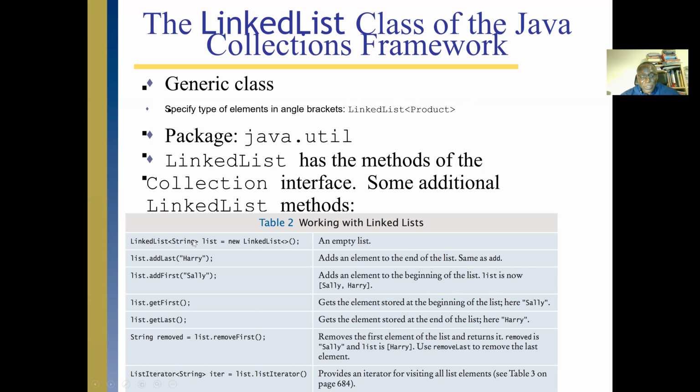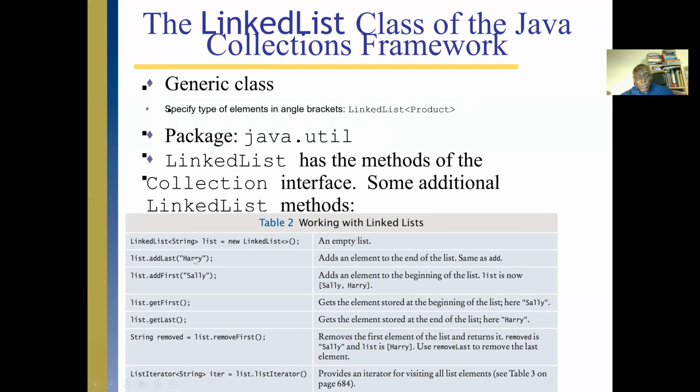So the first option here creates our list object with nothing inside. We can see the constructor has open, empty parentheses, empty argument. Now we have a method called addLast in the LinkedList class. When I call the method addLast, it will insert an item at the rear of the linked list.